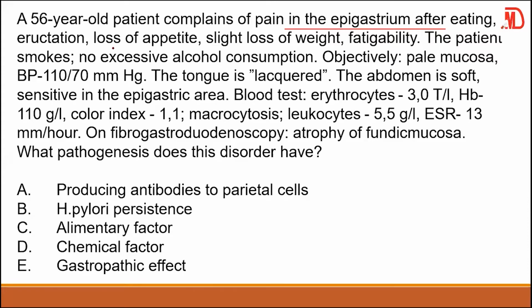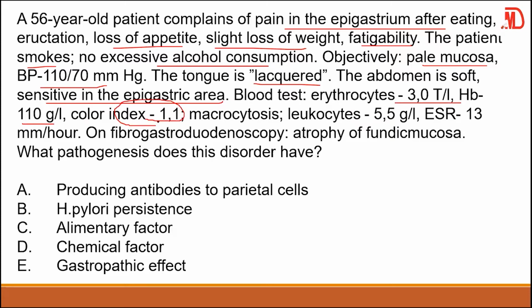So there's loss of appetite, slight loss of weight, fatigability. The patient smokes, no excessive alcohol consumption, pale mucosa, BP is 110/70, tongue is lacquered, the abdomen is soft, sensitive in the epigastrium area. Blood test 3, hemoglobin color index 1.1. What does color index of 1.1 tell you?